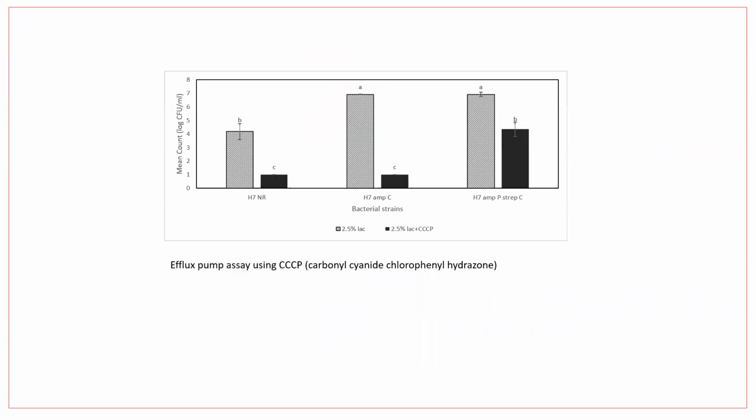And so we looked at the results for the exposure to CCCP, and we saw that when we added CCCP to the media, we kind of abrogated that tolerance to lactic acid. So it was sort of an aha moment. Okay, efflux pumps seem to be contributing to this resistance, but again, that wasn't totally the case for the strain with ampicillin and streptomycin resistance. So there could be something more that was causing the cross tolerance.